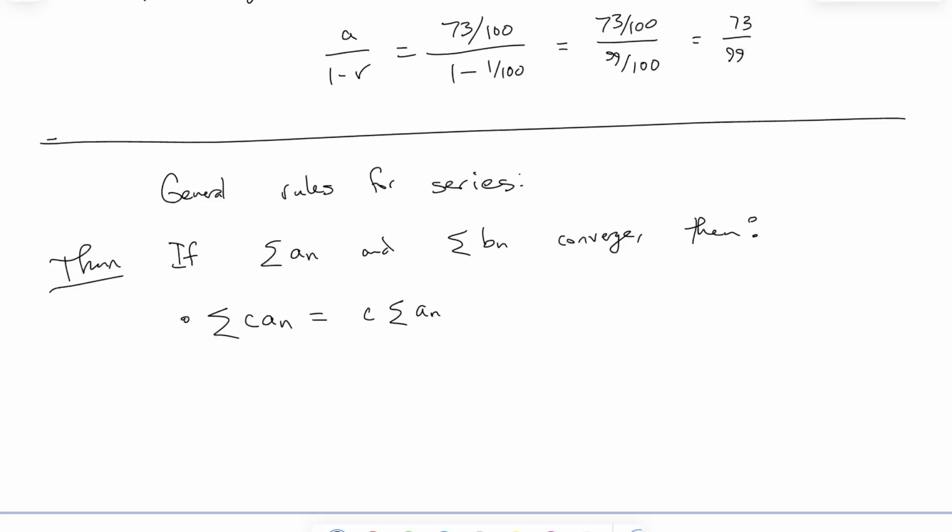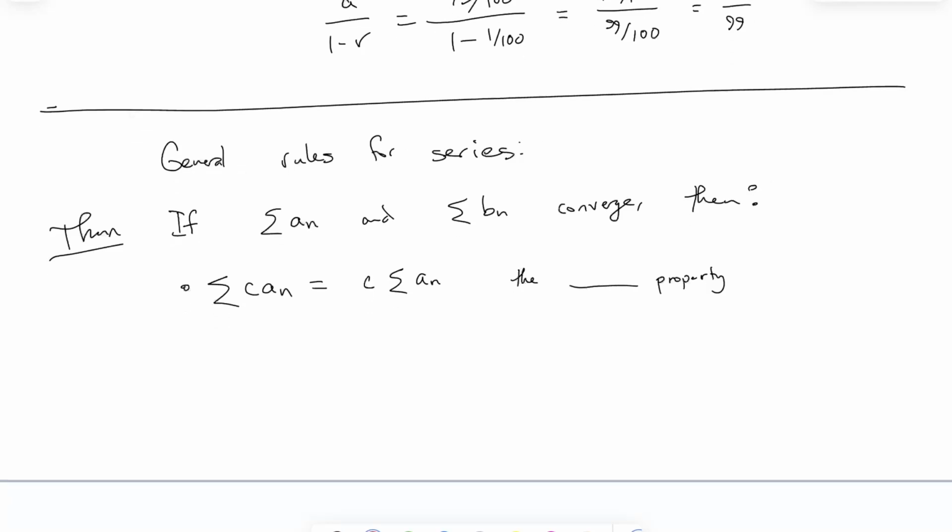This is called the property. Anybody recognize this? This is something you've heard of, I'm sure. If I were to write this out, you don't have to write this down, but really what I'm talking about is something like, the c is just some number. Like what if it's 2a_n?